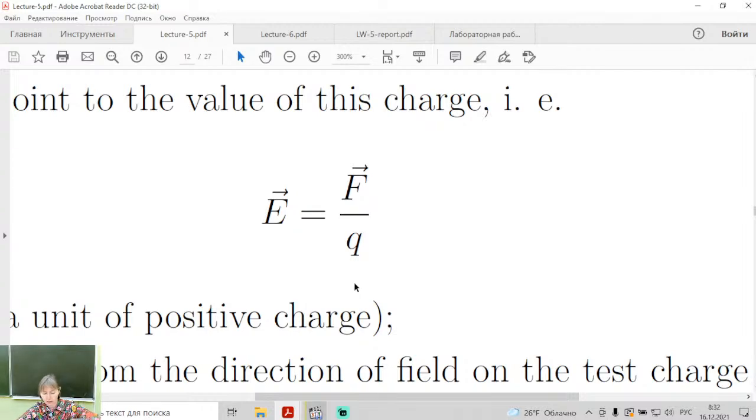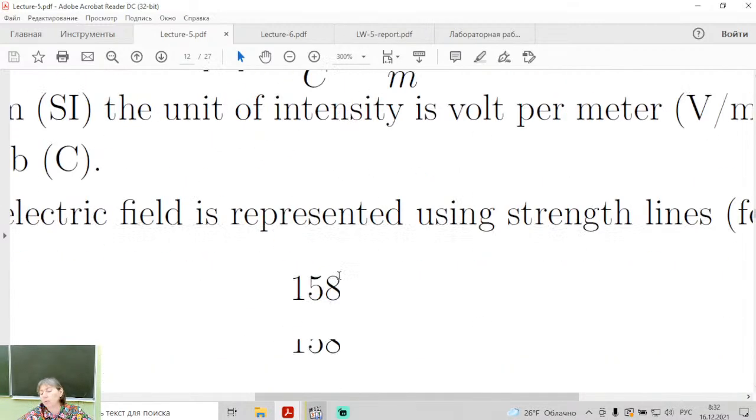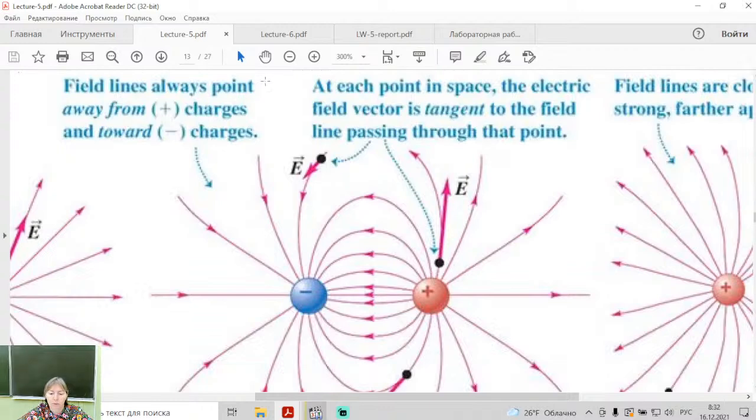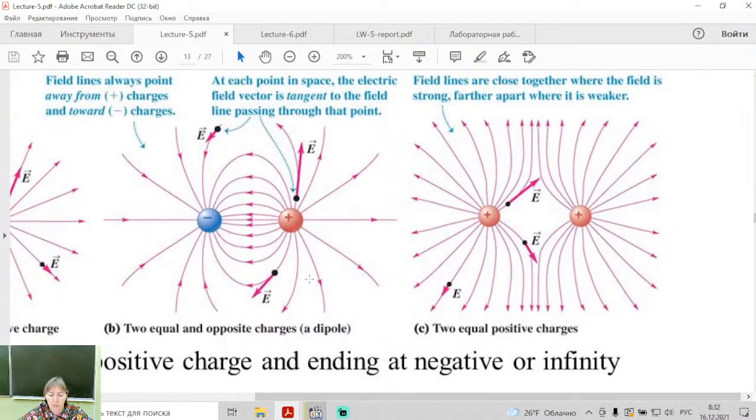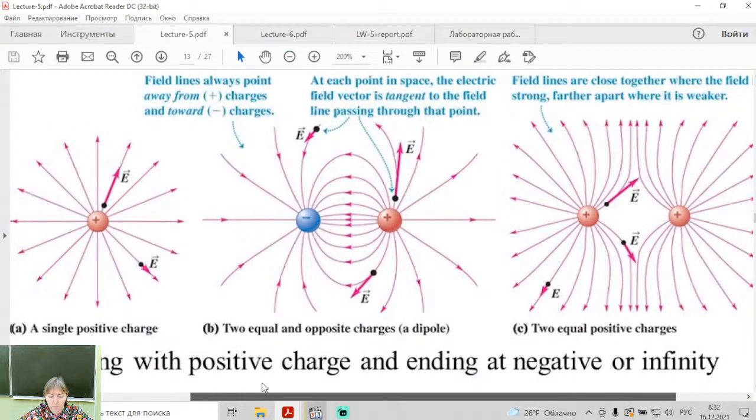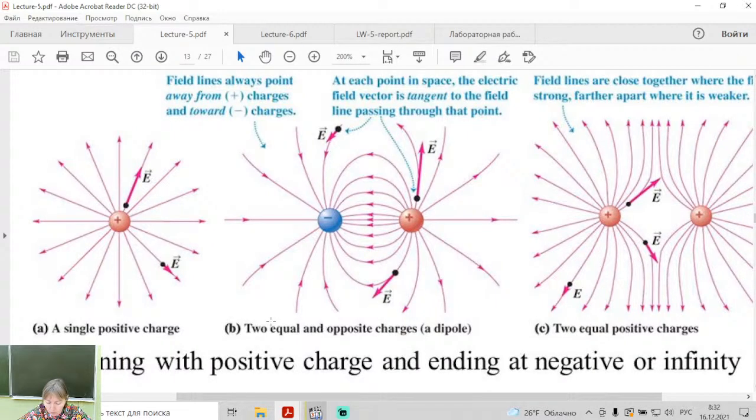And then force lines. Force lines are lines, the tangents to which at each point of the electric field coincide with the field vector at this point.